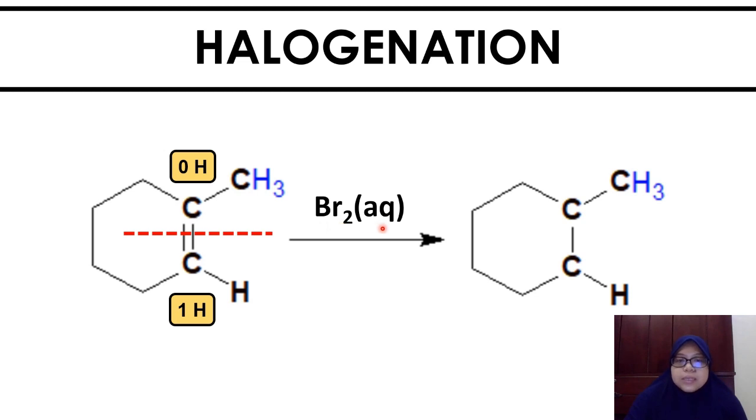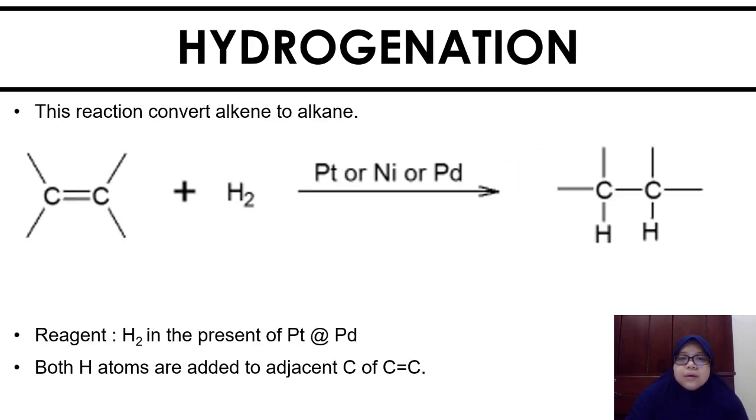So in this reaction, our bromine will be added to the carbon at the bottom, and then our hydroxyl will be added to the carbon above, forming a halohydrin.